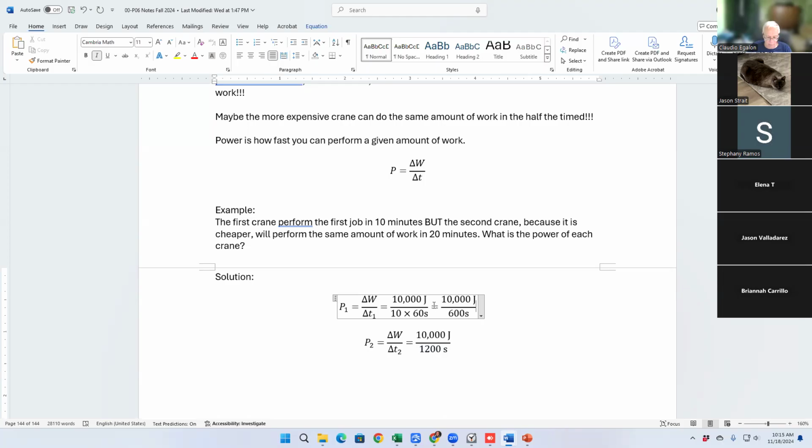The first one has a power of 10,000 divided by 600, which is 16.67 joules per second, which is equal to 16.67 watts. The other one is going to be half, right? Half as much.